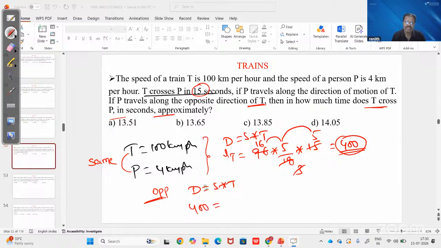In the opposite direction, we need to add the speeds. Opposite poles attract each other. 104 into 5 by 18 into time, we need to find the time.